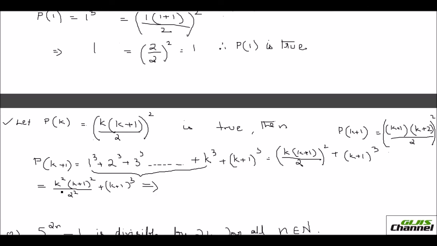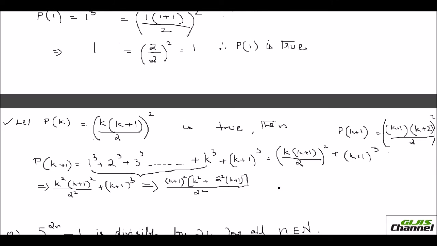When you take the (k+1) whole square out, what happens? You are left with k squared plus, here you will have 2 squared times (k+1), because it didn't have the denominator, so we have taken it.